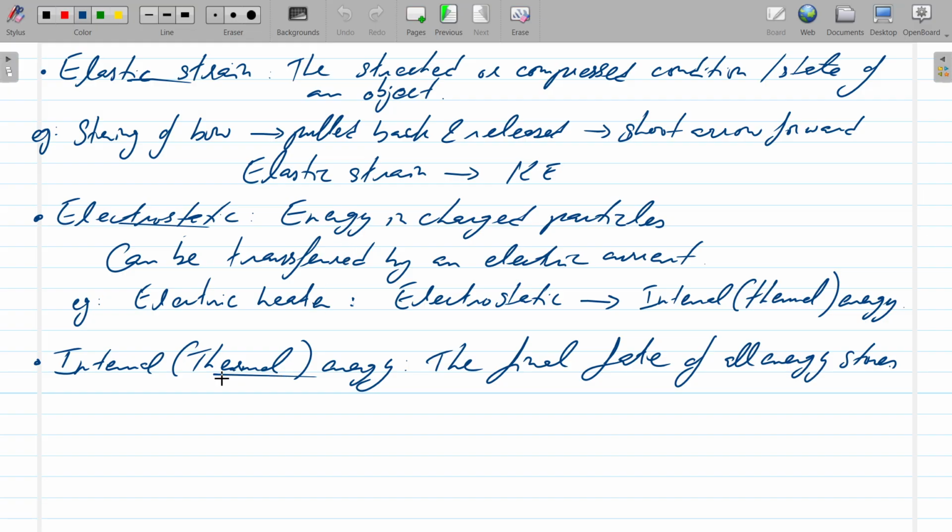And so how is that the final fate? Well, unless the aim is to produce heat, that is what you want. In energy transfers, a lot of energy is lost as heat.